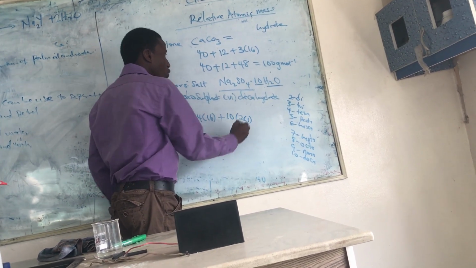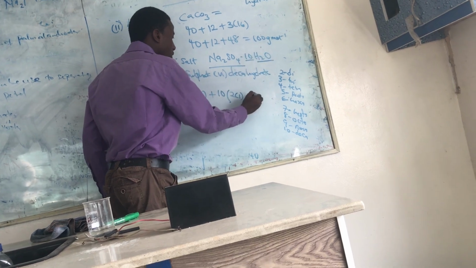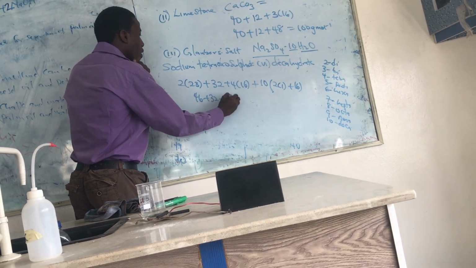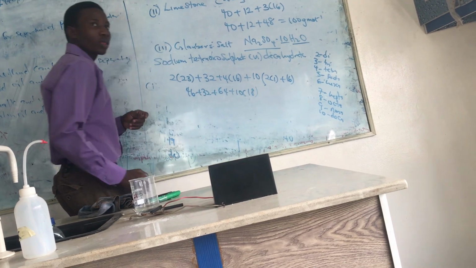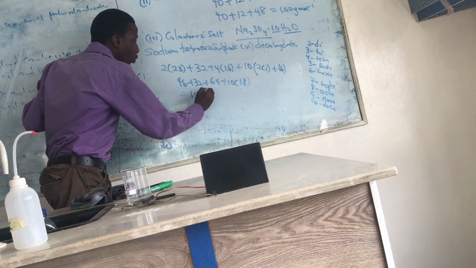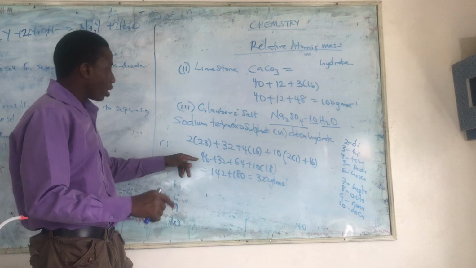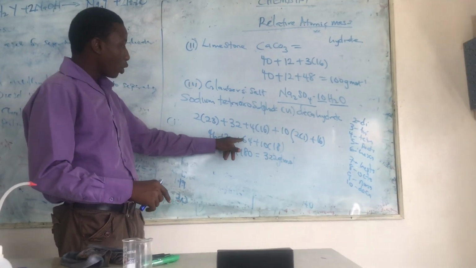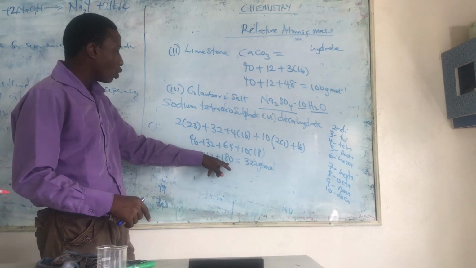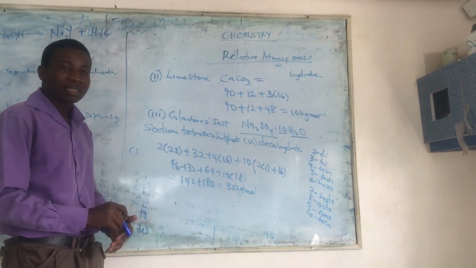We have 2 hydrogen, each with mass 1, plus oxygen, 16, so 18. So 46 plus 32 plus 64 is 142, and 10 times 18 is 180. 142 plus 180 gives us 322 grams per mole.